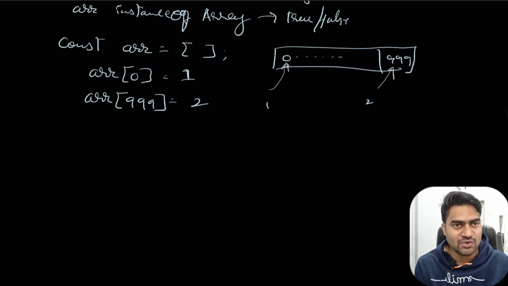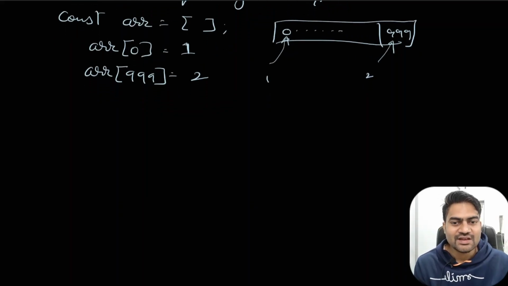The remaining blocks, even though we assume they are empty, are not really empty. There won't be anything. But still, the length of this array will be 1000. The memory allocated would be whatever is required for 2 blocks. That's why arrays are sparse in JavaScript. So this is the beauty of arrays in JavaScript.